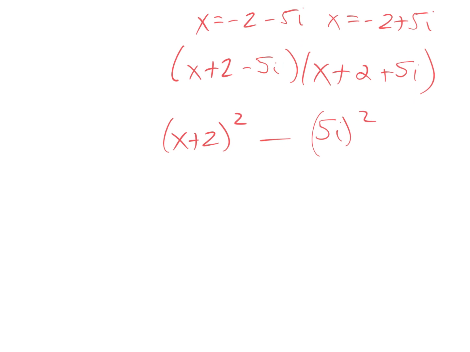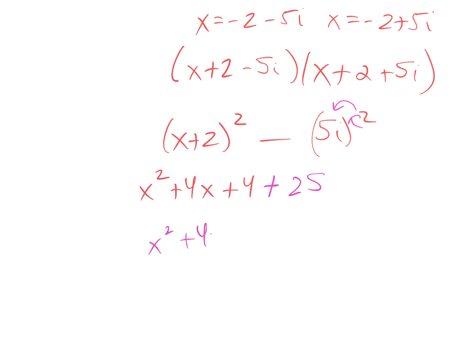So when you FOIL, x times x is x squared. 2x plus 2x is 4x. 2 times 2 is 4. And then when I distribute here, I have minus 25, and i squared is negative 1, so this is actually going to become plus 25. So you have x squared plus 4x plus 29.